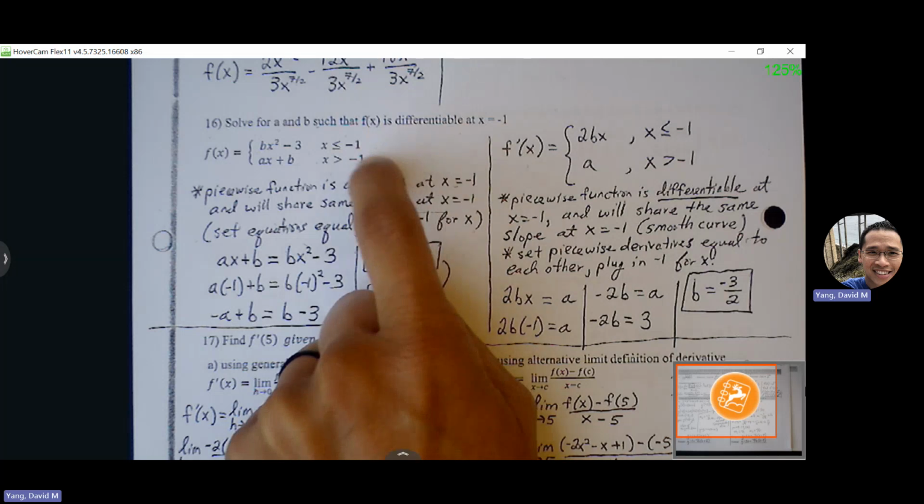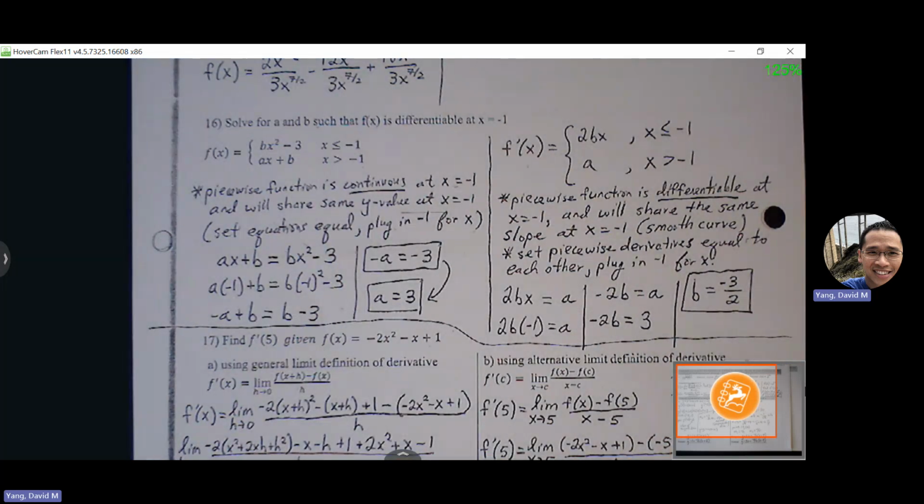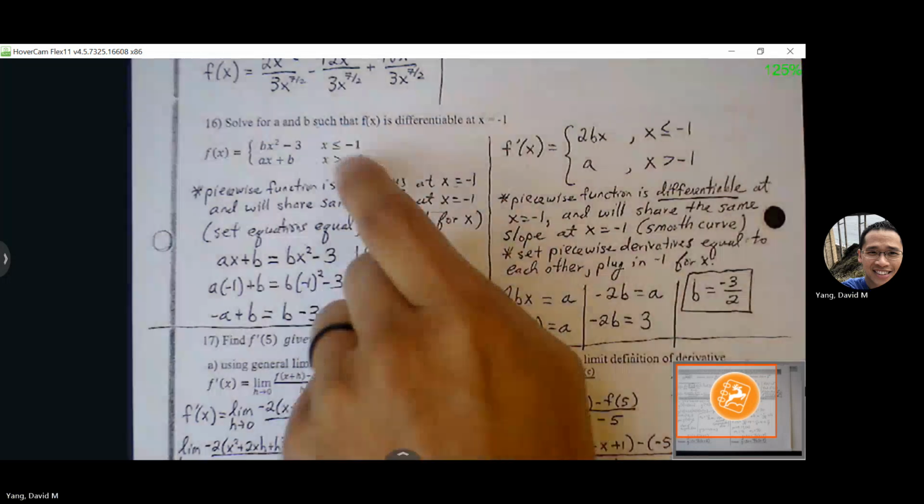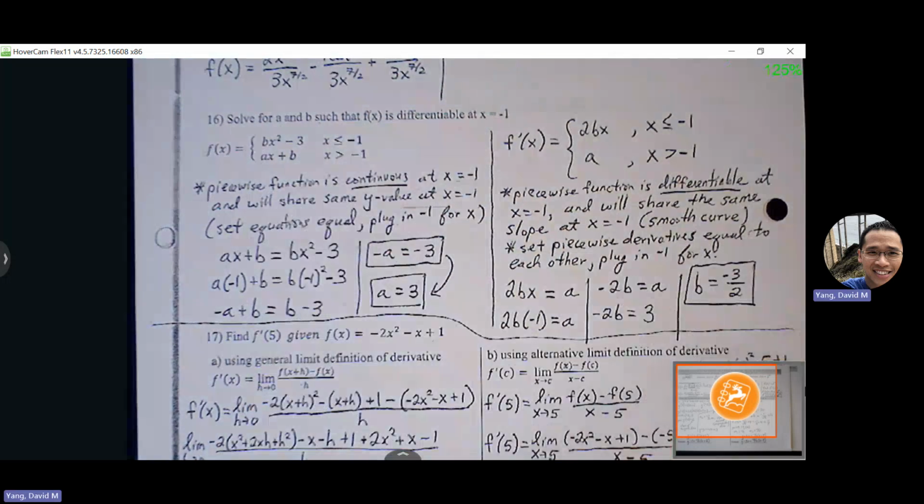If it's differentiable, two things have to happen. We need to make sure that these two graphs actually connect at -1, because we have to find the A and B values so that things will line up nicely. And the second is that not only do we need them to connect, we need them to connect in a way where there's a nice transition from one graph to the next so that the slope is the same at that point, so the graph will be smooth.